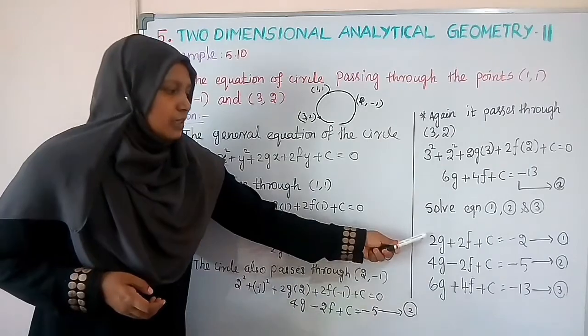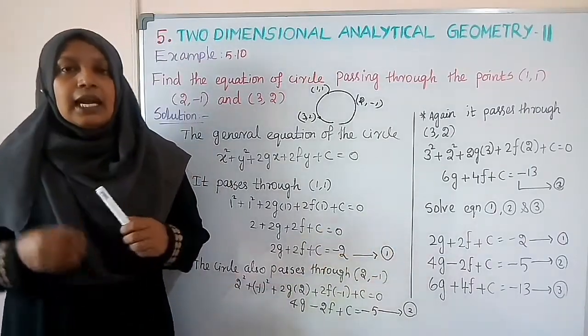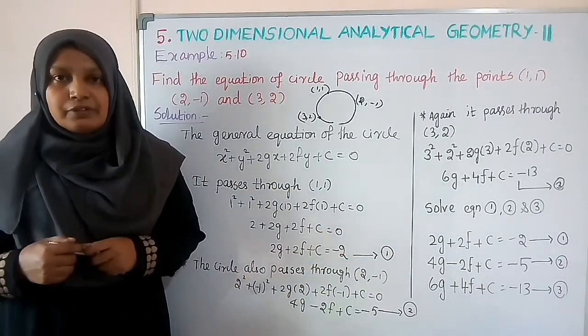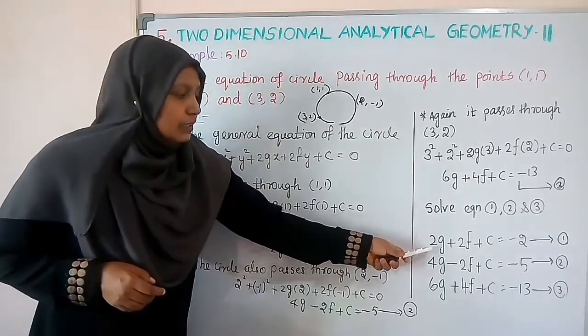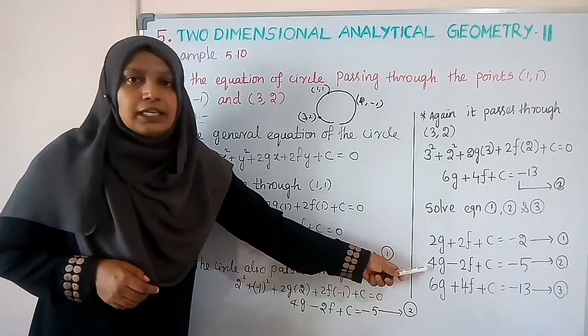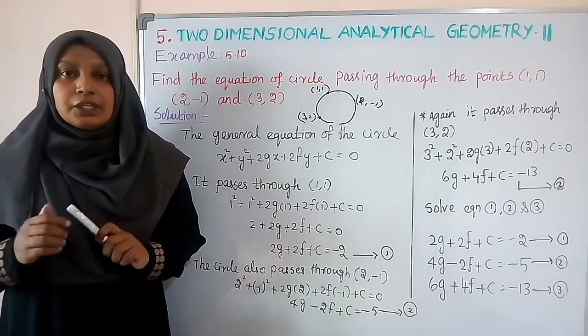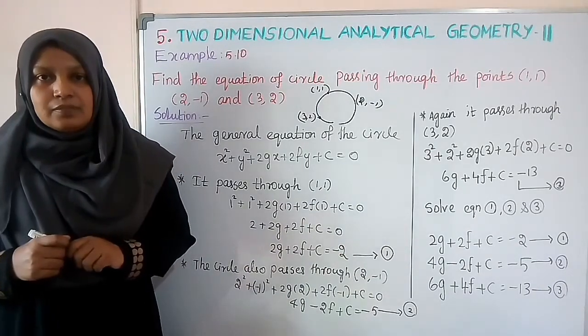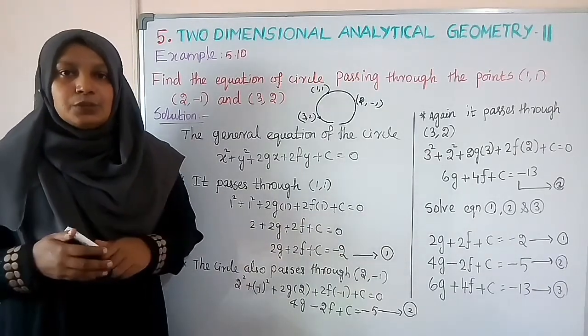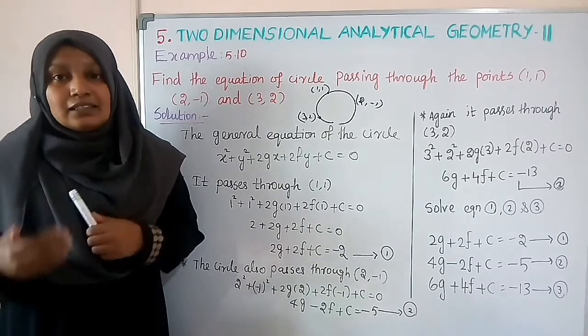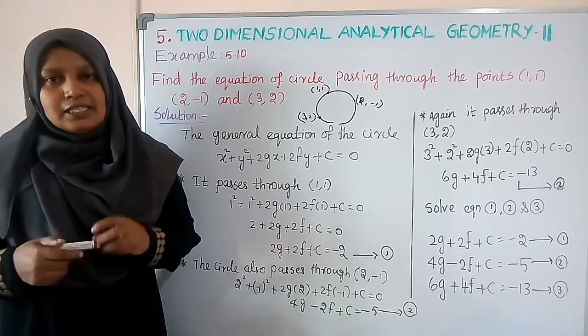That is, first consider any two equations and eliminate one variable from them. So here I am going to consider first and second equation. From the first and second equation, eliminate c. And again consider the other two equations, that is second and third equation. Again eliminate c from it.